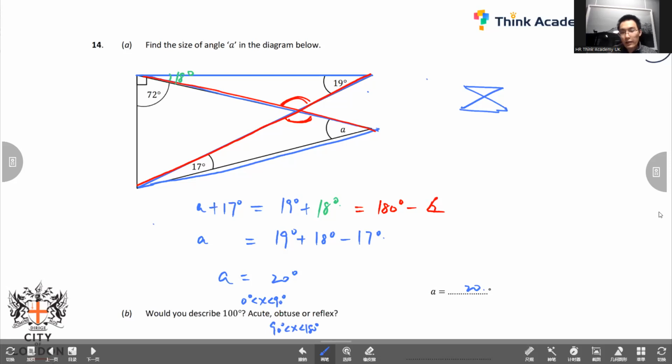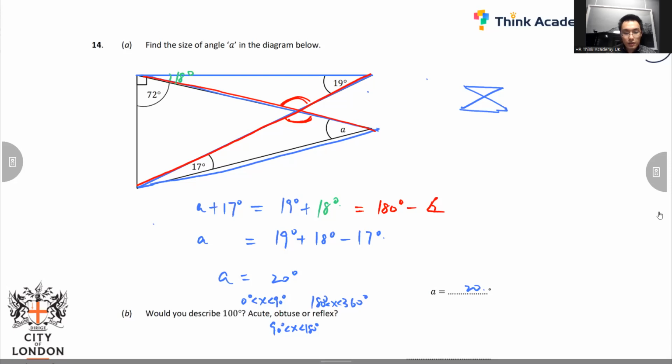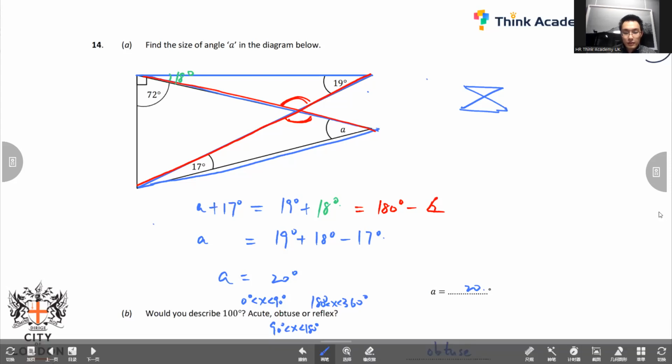And reflex angles are angles between 180 and 360. So 100 falls in the obtuse region, so it's obviously an obtuse angle. Good. So no question. So that's this question.